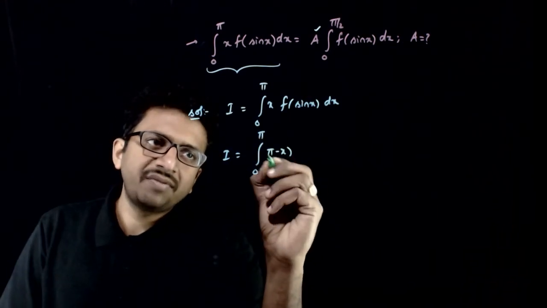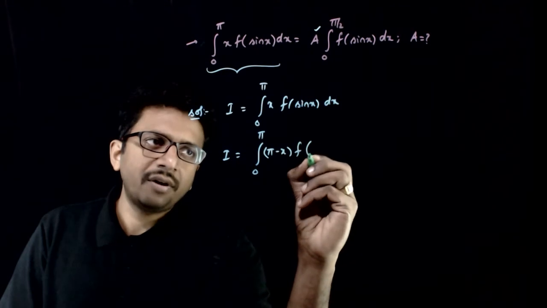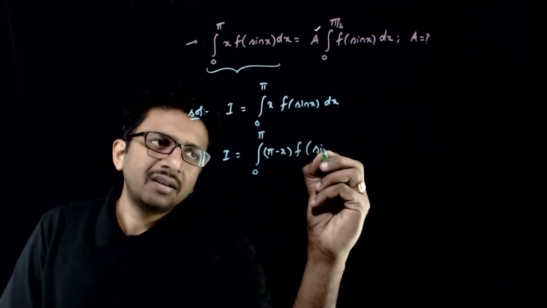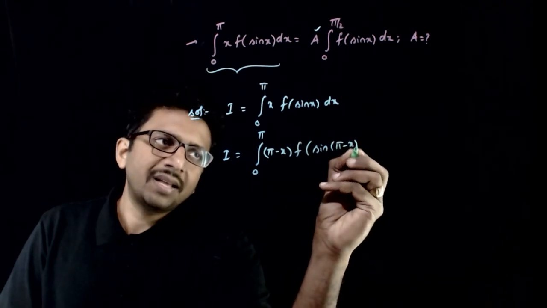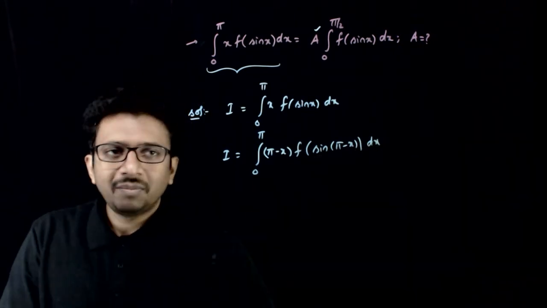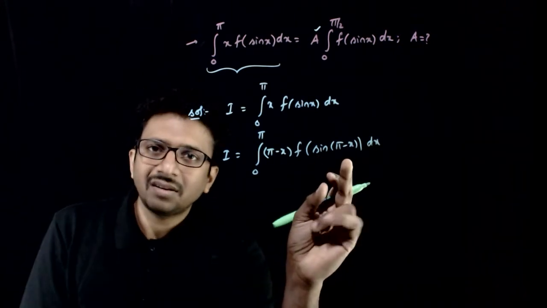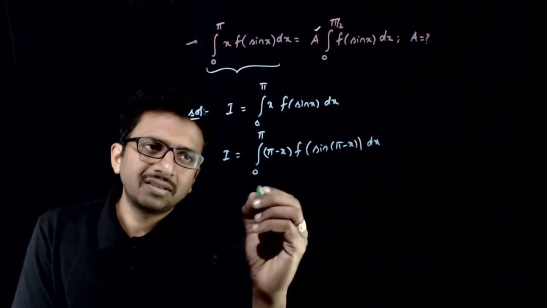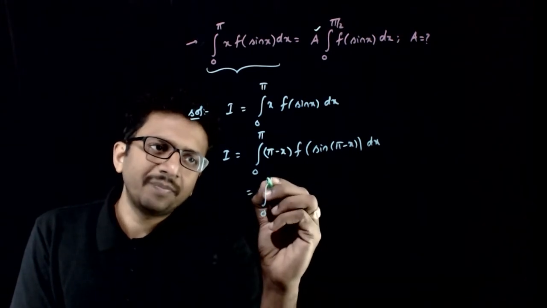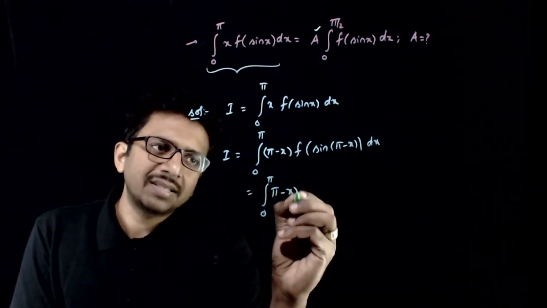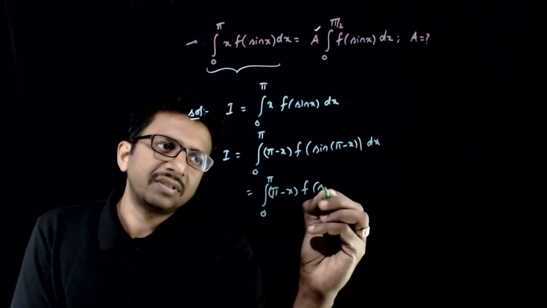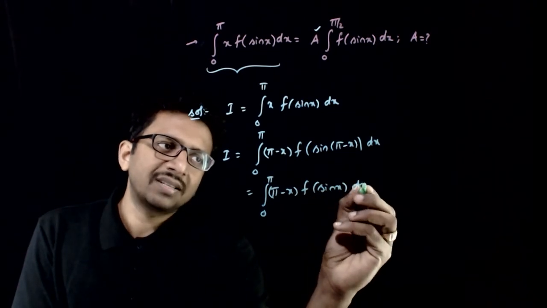So in the place of x, if I put pi minus x into f of sin of pi minus x dx. But luckily sin of pi minus x is the same as sin x. So that is equal to the integration from 0 to pi of pi minus x times f of sin x dx.